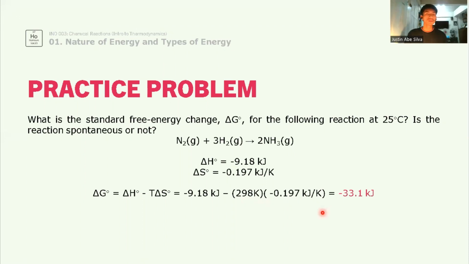Plugging them in our calculator, you will get negative 33.1 kilojoule. Is the reaction spontaneous or not? As we can see that the answer is negative, this means that the reaction is spontaneous.